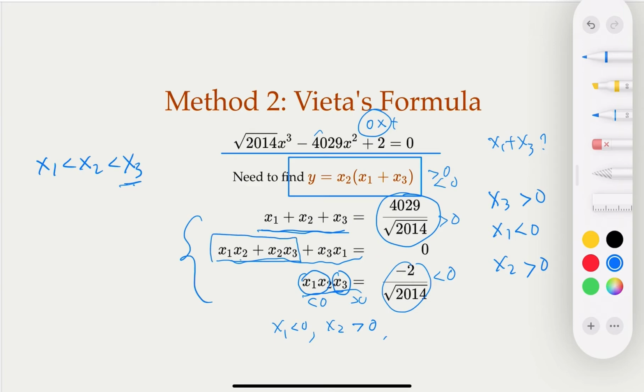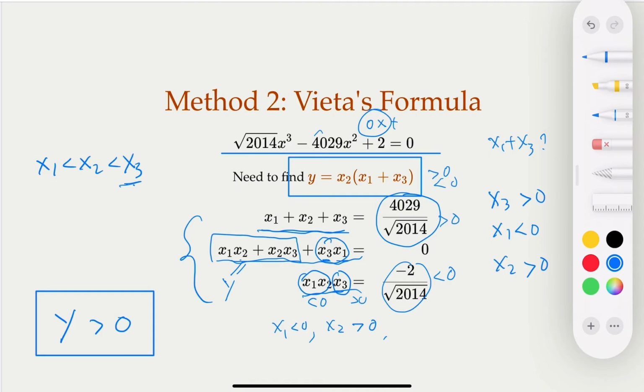So this is x2, this is exactly equal to y. And then x3, x1 is negative, because we know from earlier, this is positive, x3 is positive, this is negative, so y has to be greater than 0. Y is greater than 0. That's what we conclude from these three equations, right?